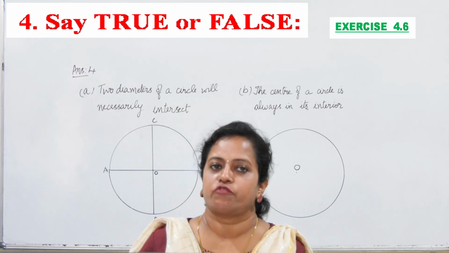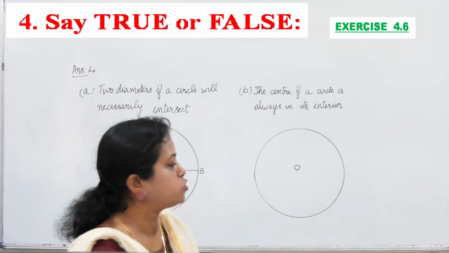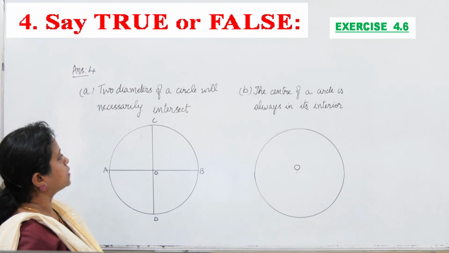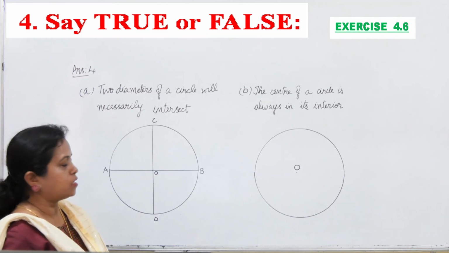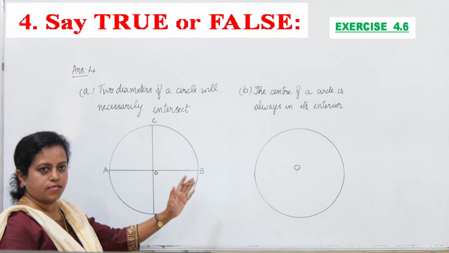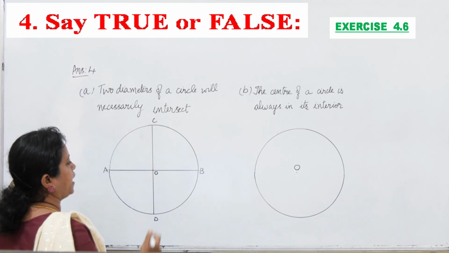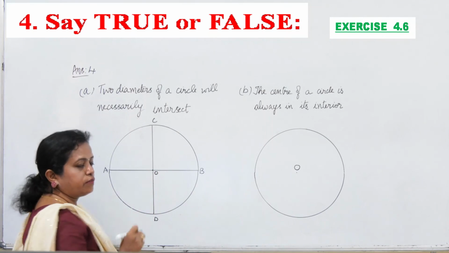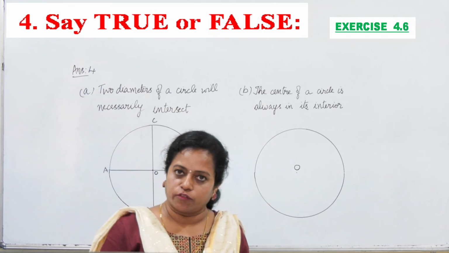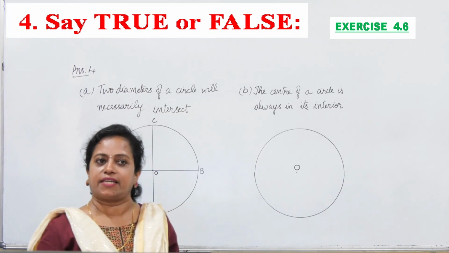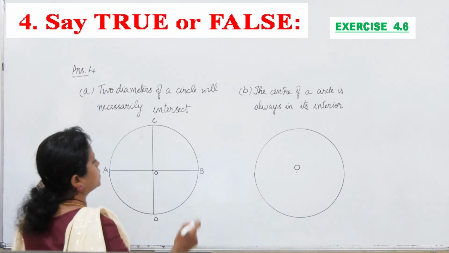Question number 4. You have to say true or false to the given statements. The first statement is two diameters of a circle will necessarily intersect. So here you can see the two diameters AB and CD, and you can see they are intersecting at the point O. So whenever you make the diameters of the circle, you will find that they will intersect, and they will intersect at the center of the circle.